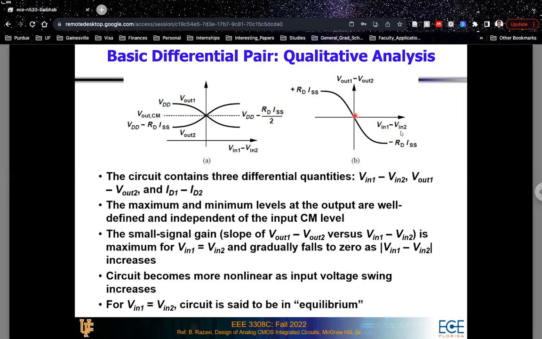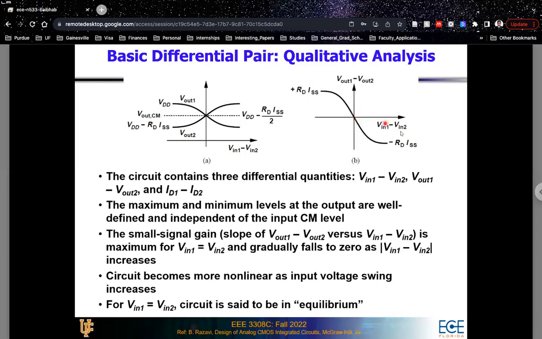Now, of course, as you see that for larger differences between VIN1 and VIN2, the difference between Vout1 and Vout2 becomes almost constant. On the other hand, if the difference between VIN1 and VIN2 is 0, near to this point, the difference between Vout1 minus Vout2, that's also 0, but the slope is maximum, right? Near to this point when VIN1 minus VIN2 is 0.